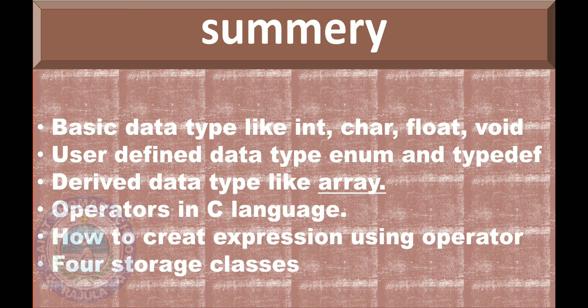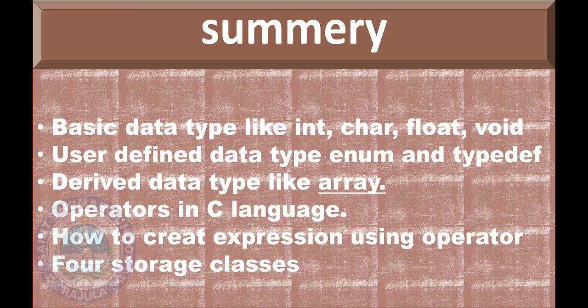Then we discussed the user defined data types, that is enum and typedef. Then we discussed the derived data types like array. There are 4 derived data types: array, structure, pointer and union. But pointer, union and structure are out of the scope of this book, and we have discussed only array in this chapter.